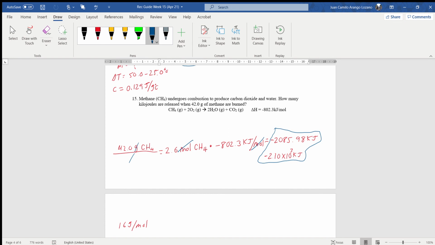And the question is how many kilojoules are released when 42.0 grams of methane are burned. And they are giving you here the reaction. So they are asking you about methane. And here, stoichiometry matters.